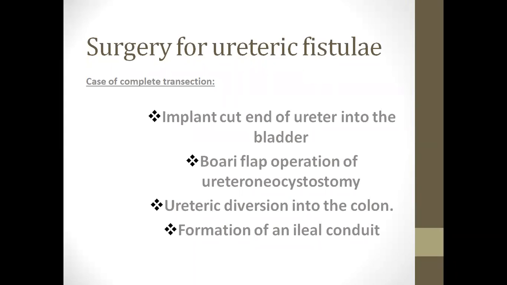In case of complete transection, implant the cut end of the ureter into the bladder, or Boari flap operation of ureteroneocystostomy. From the bladder wall, we create a tube-like flap and put the cut end of the ureter into the bladder flap; that is called Boari's flap operation. Then ureteric diversion into the colon and formation of an ileal conduit.